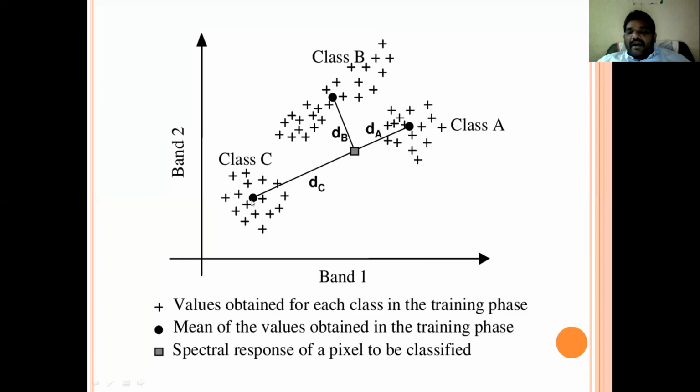We will draw a straight line to that particular location. Whichever has the shortest distance from that particular group, this will come under that particular group. It is about the minimum distance to mean method.